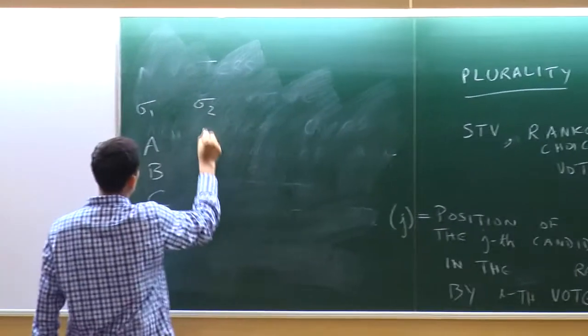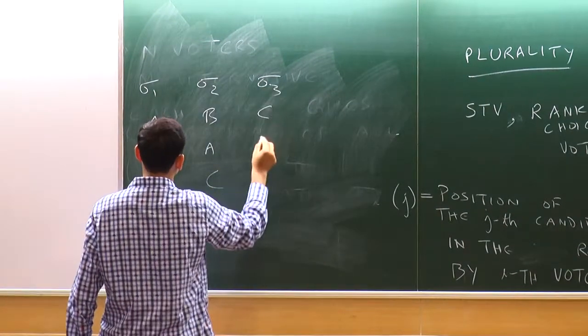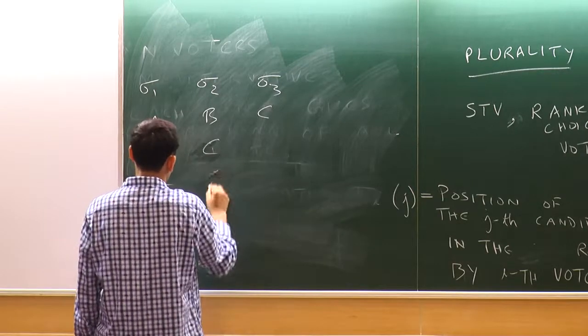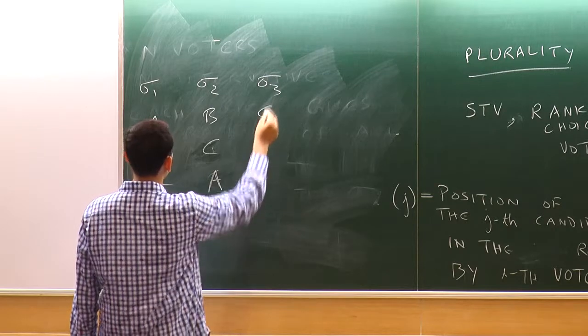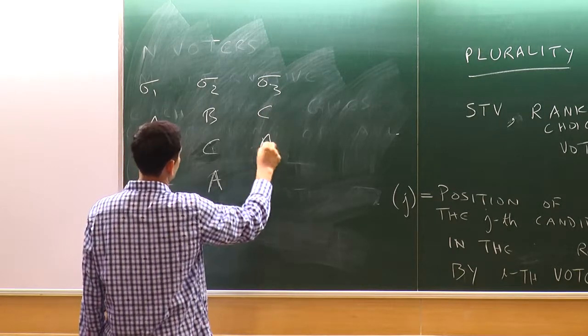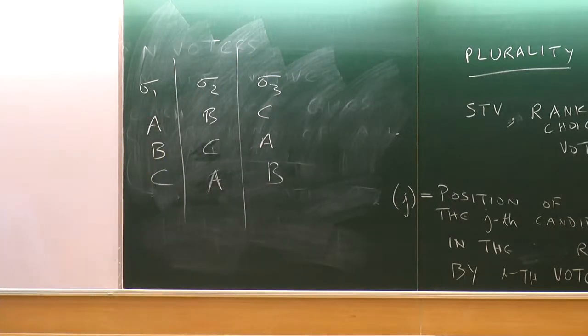Let's say ranking 2 is B, A, C, and let's say ranking 3 is C, B, A, and ranking 4 is C, A, B. In this, is it clear who the winner should be? No, right? It's not clear who the winner should be.